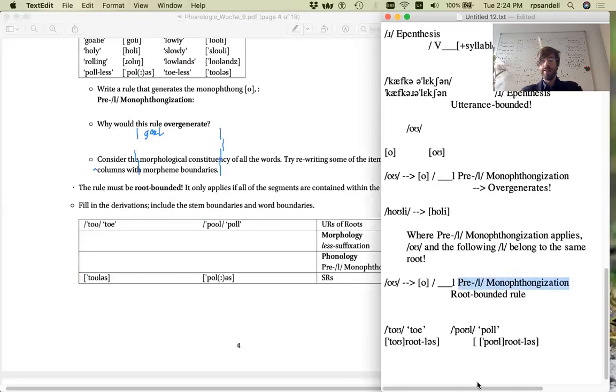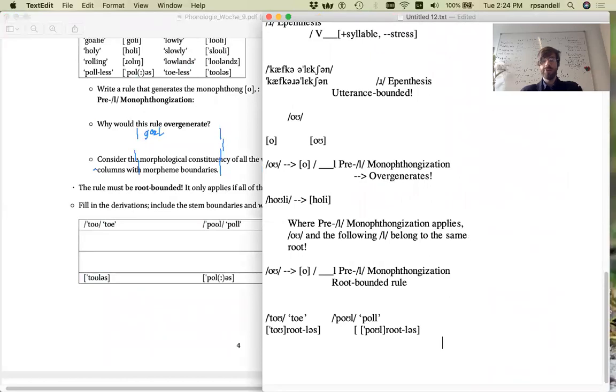So the phonology then, when pre-L monophthongization looks for a possible target of application, we'll see that, all right, here in toeless, I indeed have a sequence of a diphthong O followed by an L, but because the L and the diphthong O don't belong to the same root, the L is not part of the root, it can't apply.